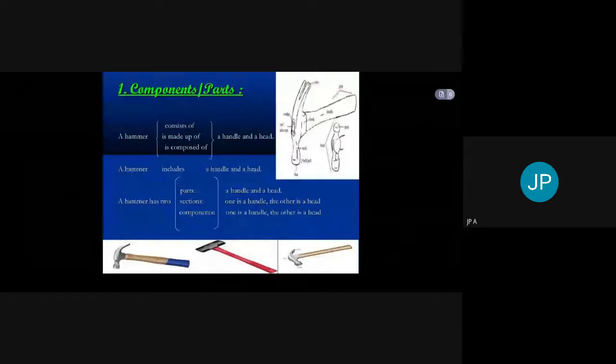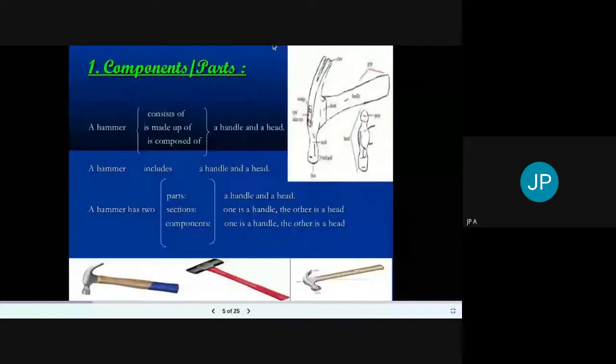Whatever we say, it means the same thing. I can also say that a hammer has two parts, a handle and a head, or a hammer has two sections, or a hammer has two components. So these are the different parts that we describe.